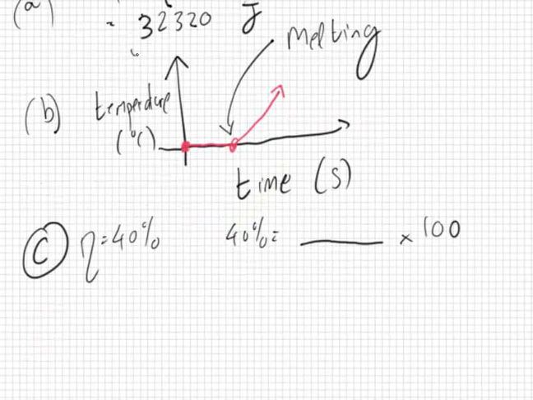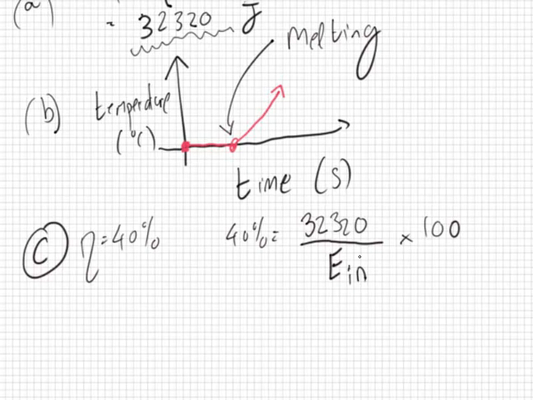And then what happens to the graph as time goes on? Increasing the temperature. Oh no, no. It stays constant as it's melting, and then once it's all become a liquid, then it can start to increase. So the graph looks like that. So if you want to label your point on it to make sure you get full marks, that point there is called the fusion point, or the melting point, I suppose.